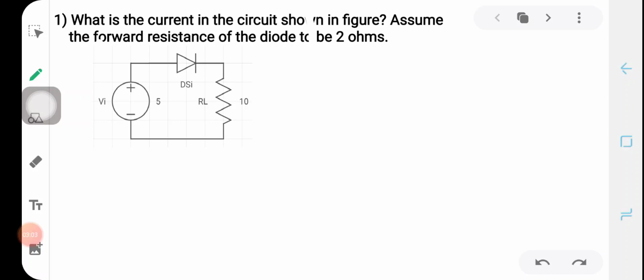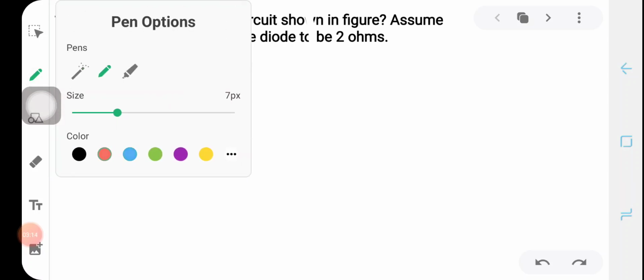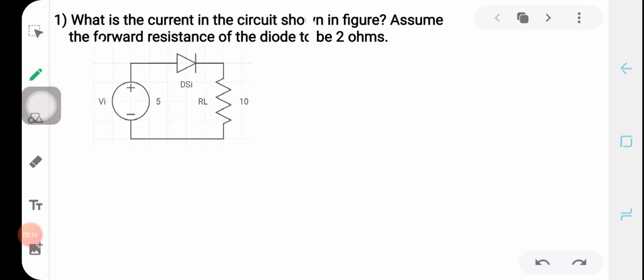Here we are given a very simple circuit which contains a voltage source of 5 volt, which is connected in series with a diode D, represented by Si, which represents the silicon diode.